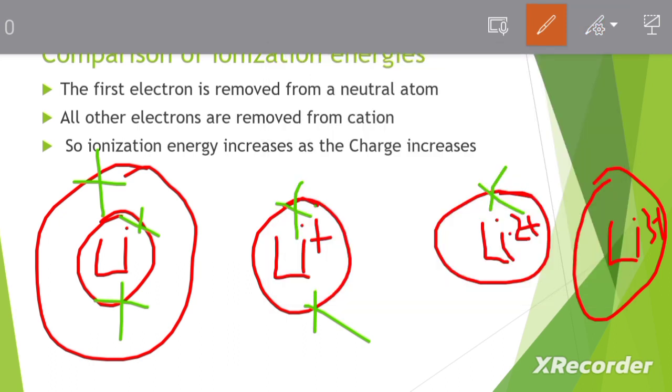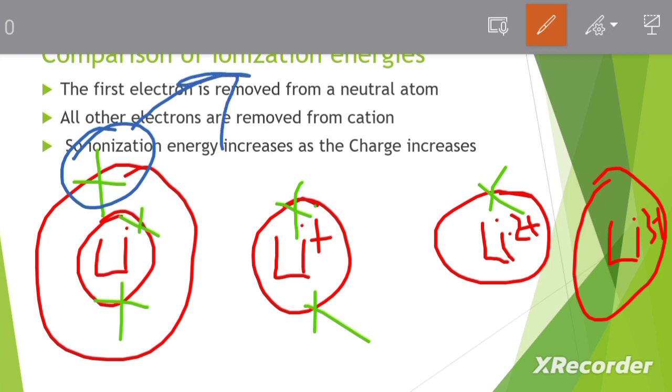Look at this. The lithium atom has 2 energy levels and its radius is comparatively higher than any cation. So the distance from the nucleus to the outermost energy level is higher. By supplying the first ionization energy, we remove this electron.